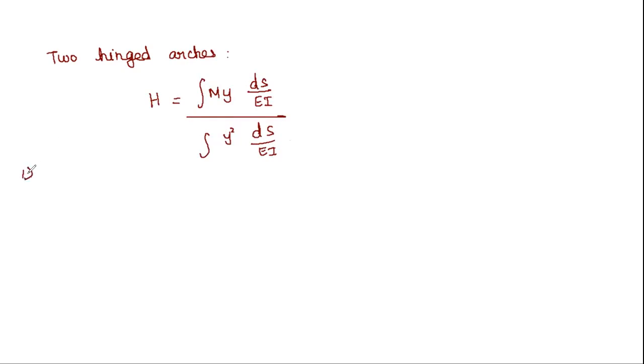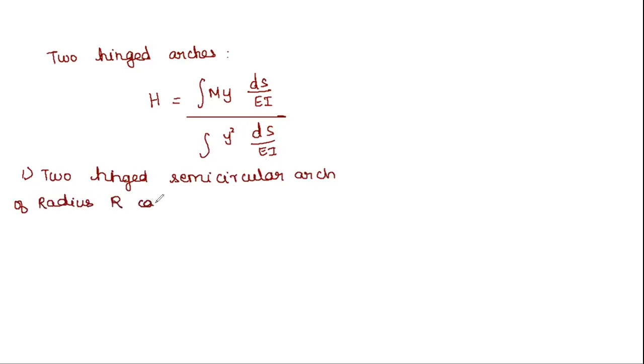So the first condition: a 2-hinged semicircular arch of radius r carries a concentrated load W at the crown.